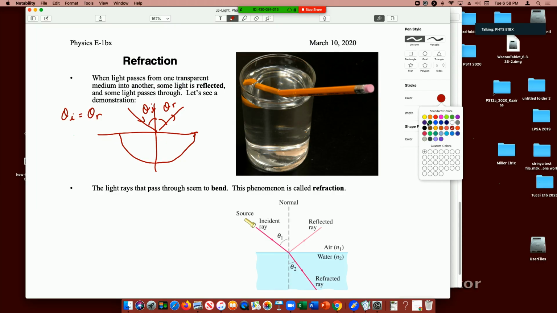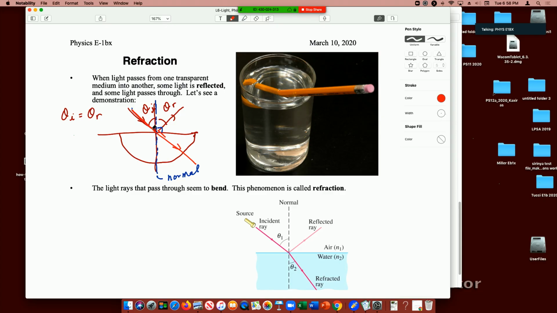Here's the normal here in blue. I should have drawn it a different color. The normal is perpendicular to the surface. If the light were passing straight through without bending, it would just look like this.